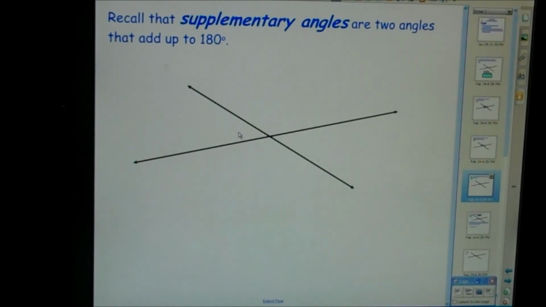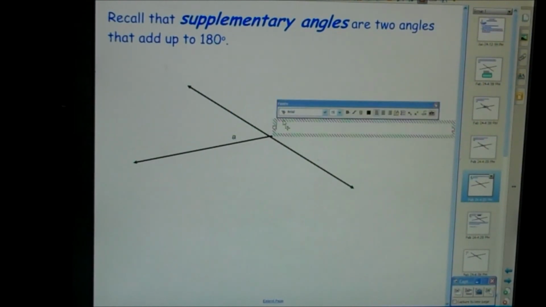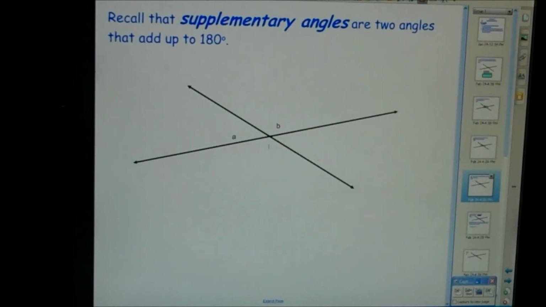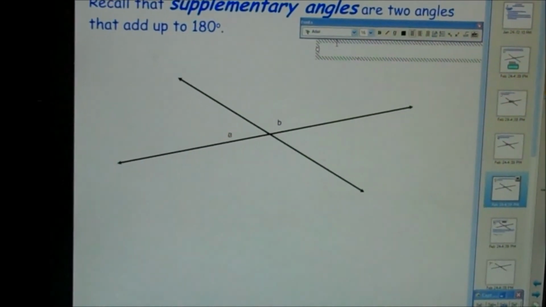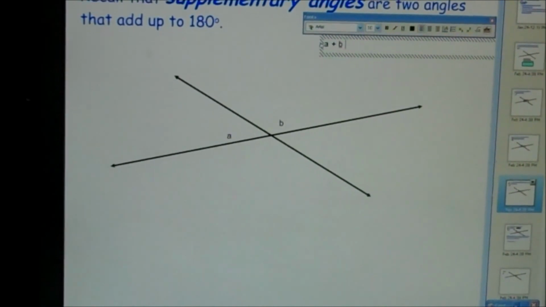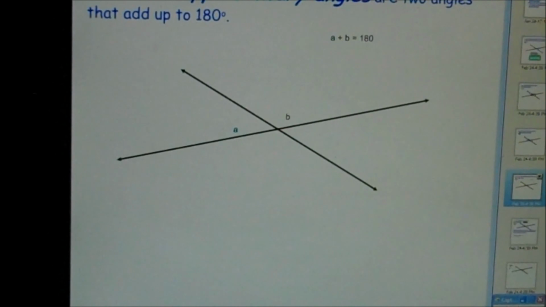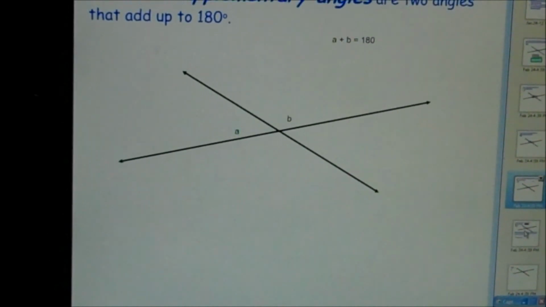So if I had this angle, and we're going to call this angle A, and this angle angle B, angle A and angle B together equal 180 degrees. Angle A plus angle B equals 180 degrees. Okay? Take a minute and recall supplementary and adjacent angles.